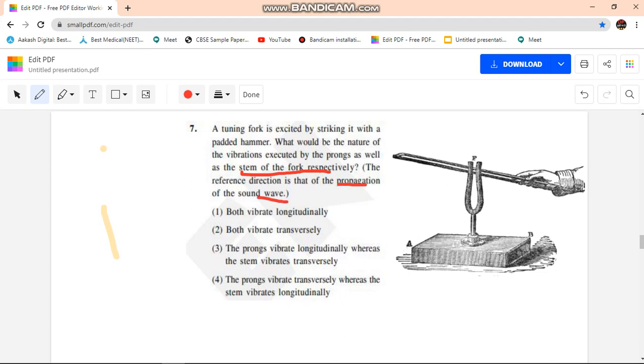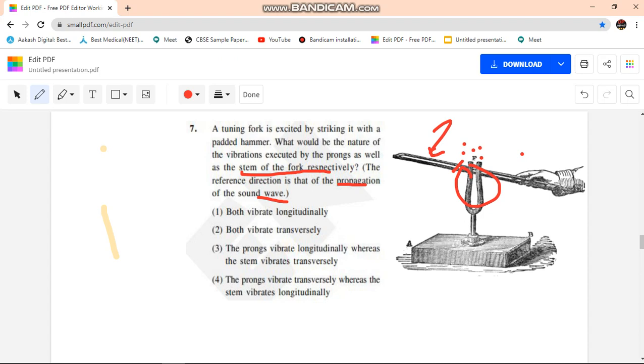So friends, when this tuning fork is excited by this padded hammer, the air molecules vibrate. Here are some air molecules. They will vibrate about their mean position. They move in the direction of propagation of the sound.